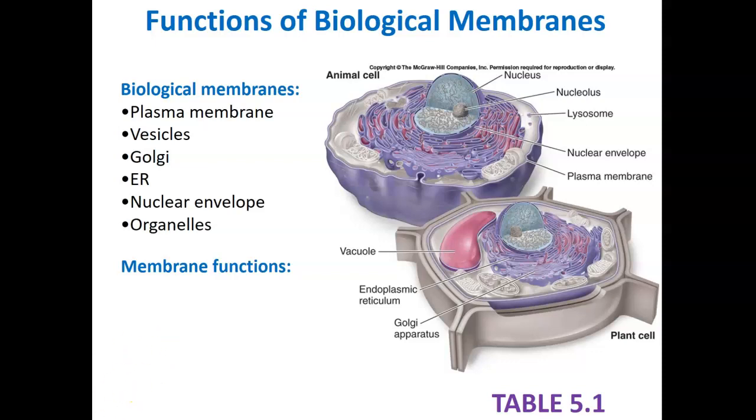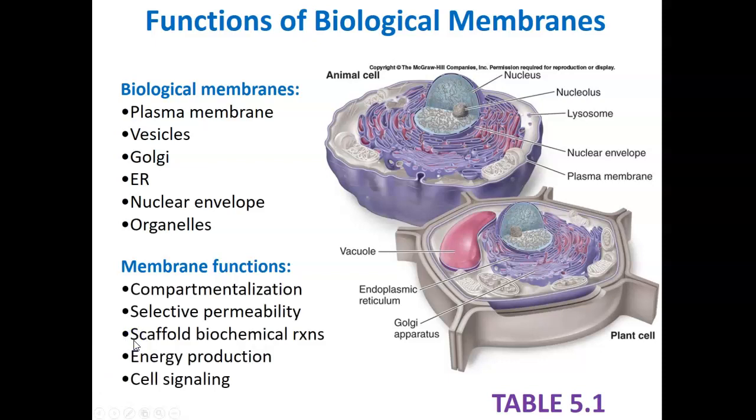And what are the functions of those membranes? Well, there are several key functions, including things like compartmentalization. We just talked about cellular respiration, and most of those reactions were happening in the mitochondria. The fact that you can localize key enzymes into a specified compartment is absolutely critical to a lot of our cellular functions.